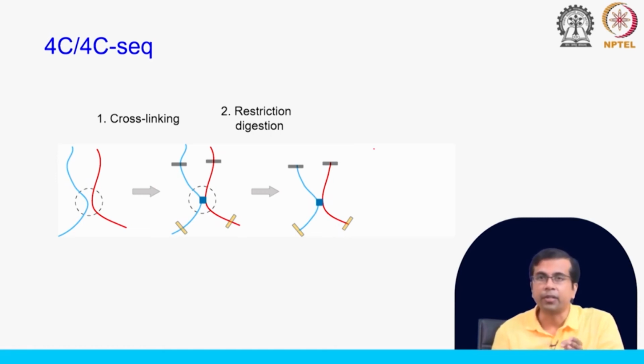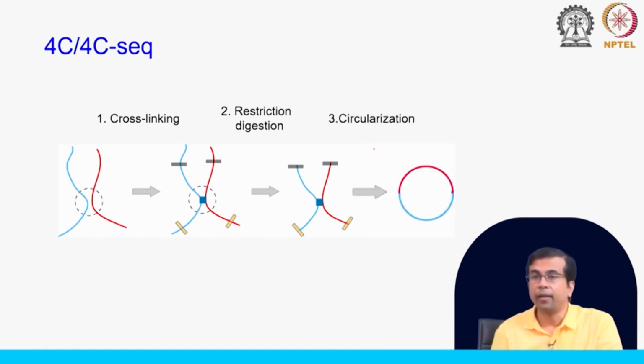The first step is cross linking as before, the second step is restriction digestion, and the third step is circularization. So, there is no linearization, then a second restriction digestion. This is actually a much simpler process. Here we circularize this fragment.